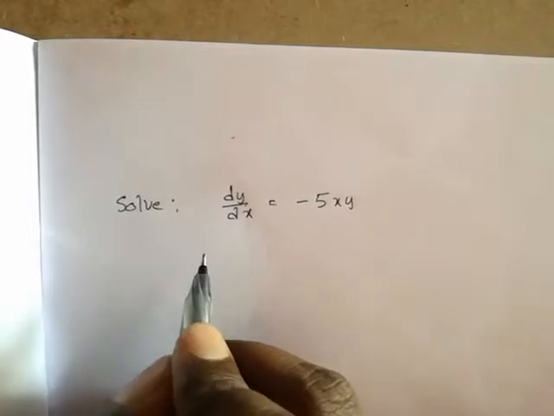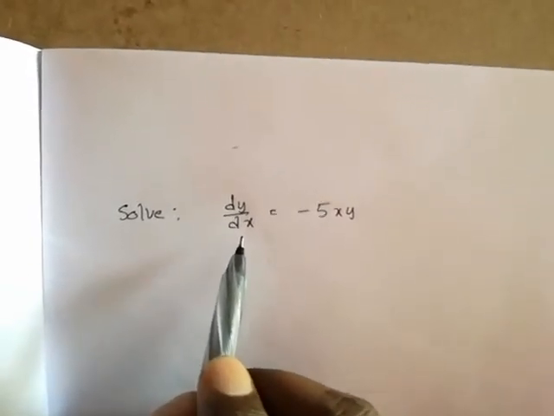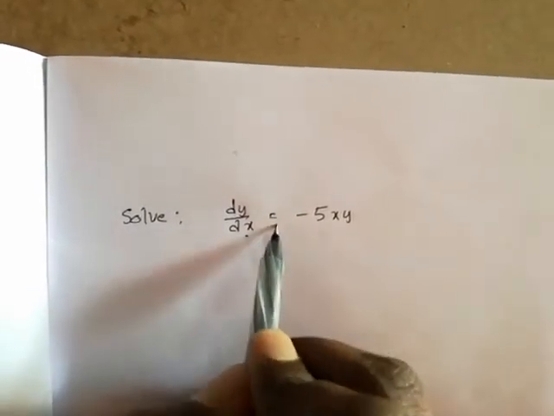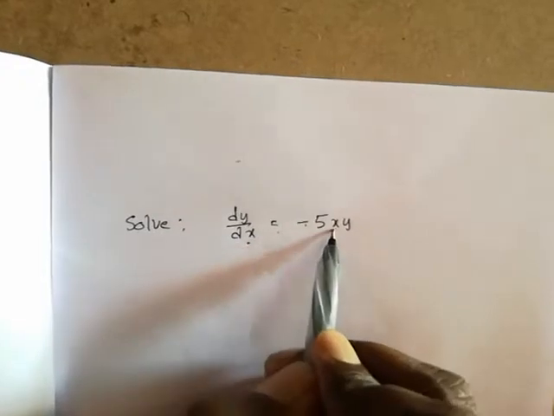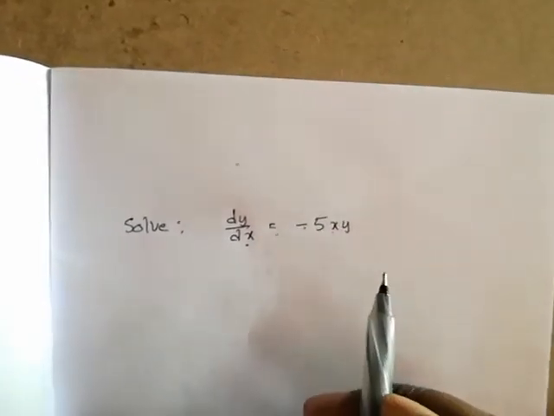Now we are going to solve the differential equation dy by dx equals minus 5 into x into y.